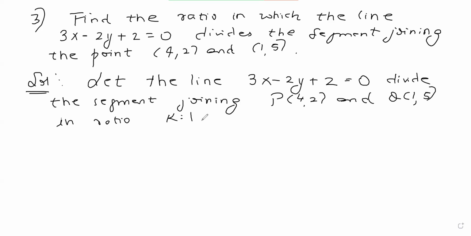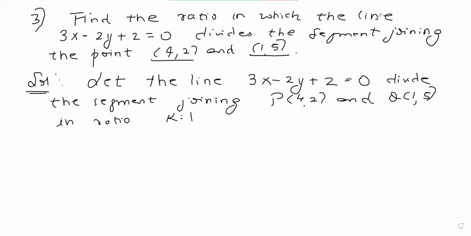Okay, so now what will be the coordinates of this particular point? We need to first of all find out what will be the equation of the line joining (4, 2) and (1, 5). So first of all, let's work that out.